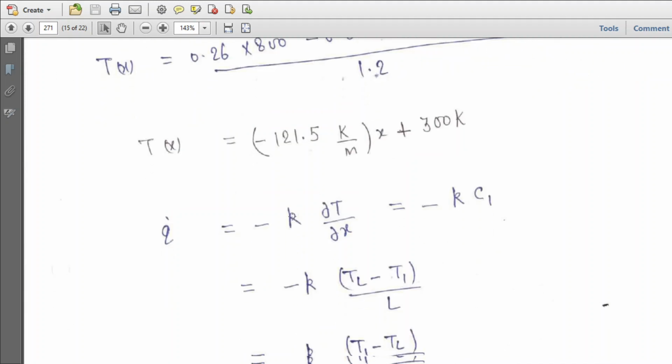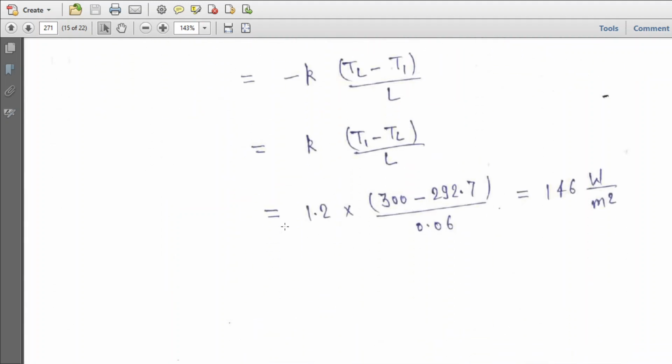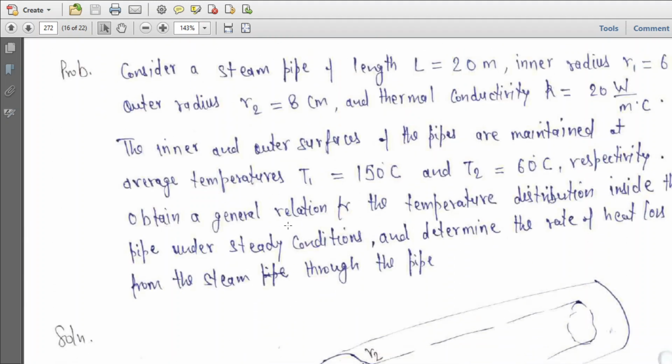Now let's say the next case in the cylindrical coordinate. Let's say we have a steam pipe of length L, 20 meter, inner radius is 6 centimeter, outer radius is 8 centimeter. Thermal conductivity k is 20 watt per meter per degree Celsius.